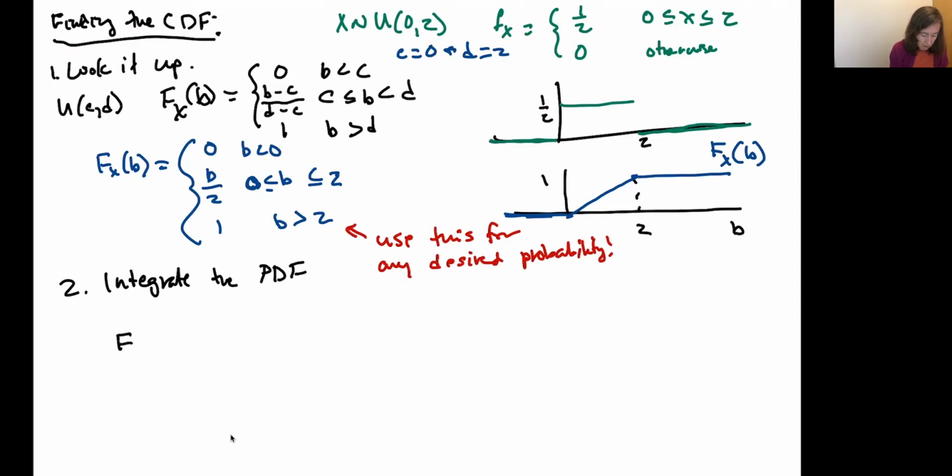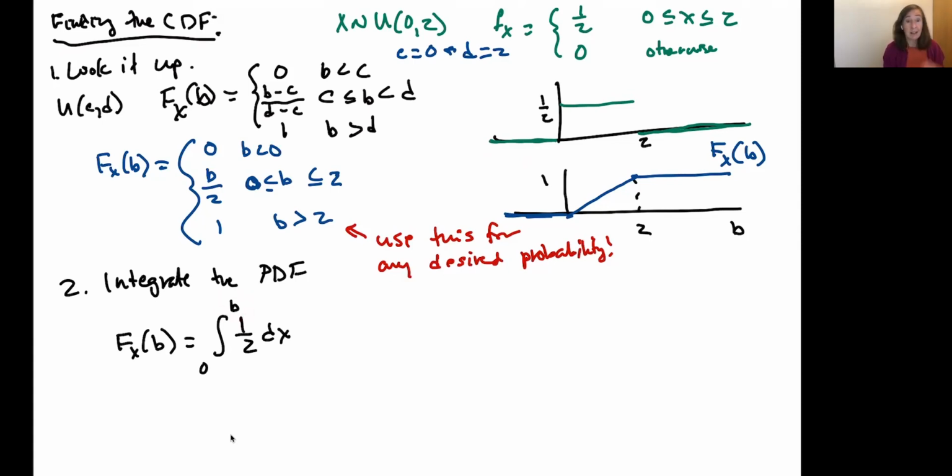What that means is find the cumulative distribution function by integrating up to b the PDF with respect to x. Okay, so where am I getting this? I'm getting 0 as my lower bound here because below 0, the PDF is always 0 and the integral of that is 0. I just don't need to worry about that.